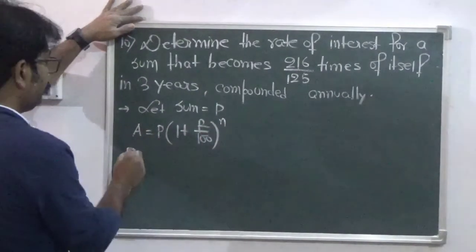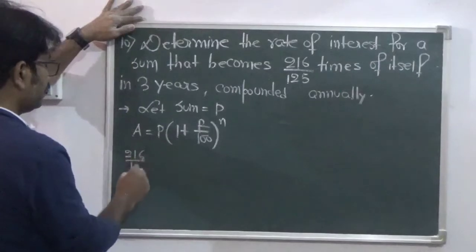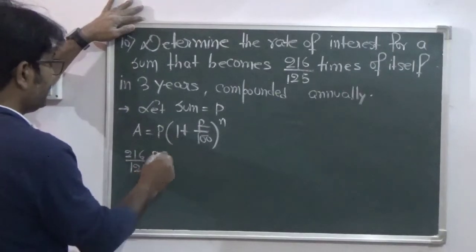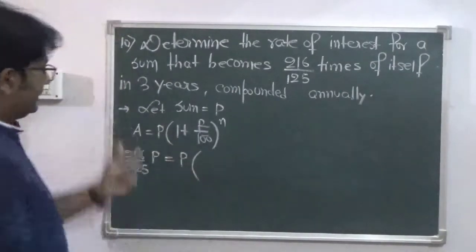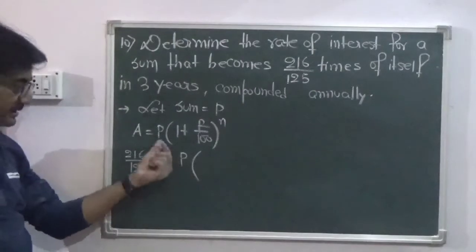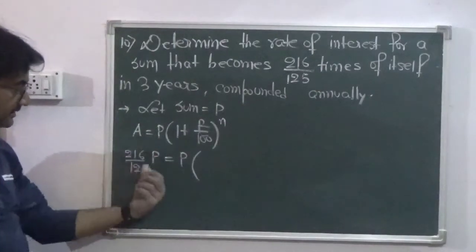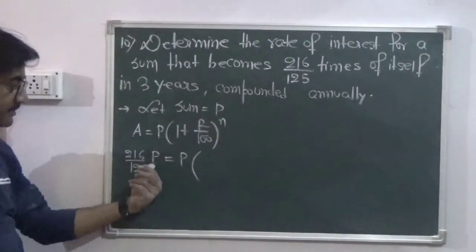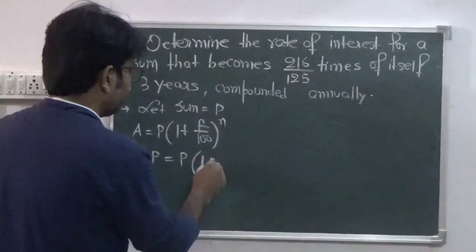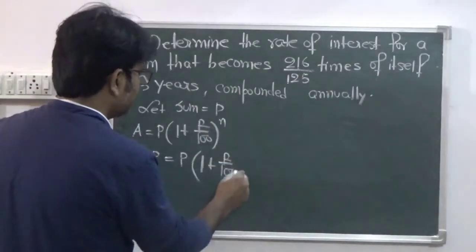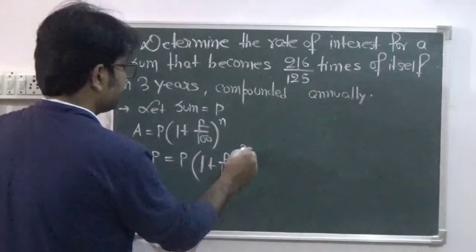So the amount will be 216 by 125 P. Why? This is the sum and the amount is this much times the principal, that is P. And 1 plus R by 100 to the power n, where n is 3 years.